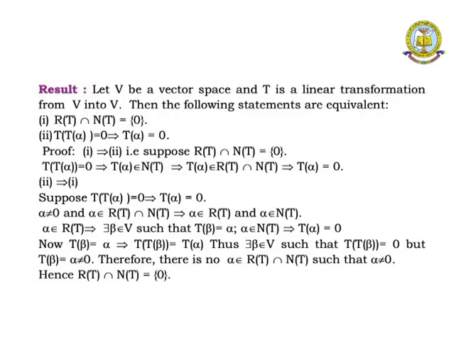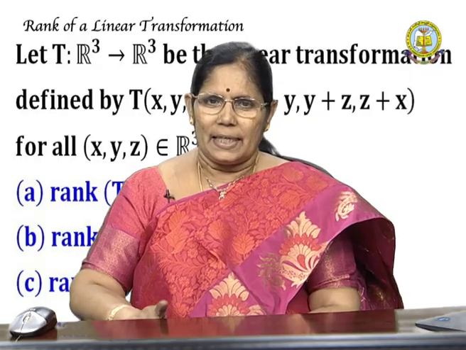So, the range of T intersection the null space of T is 0, and the second one, T of T of alpha equal to 0 implies T of alpha is 0.